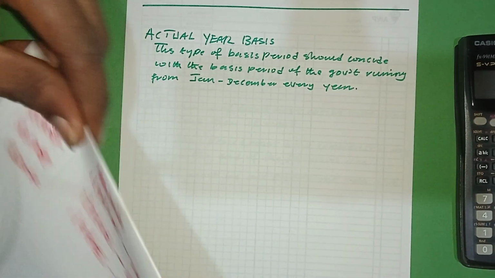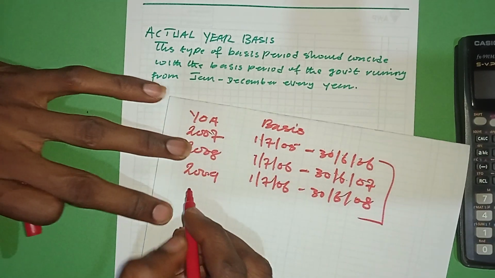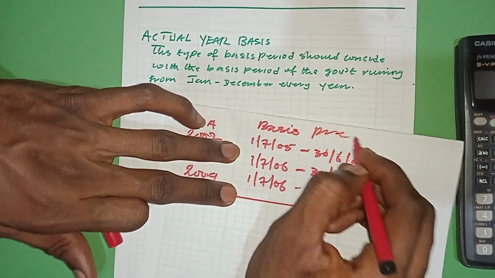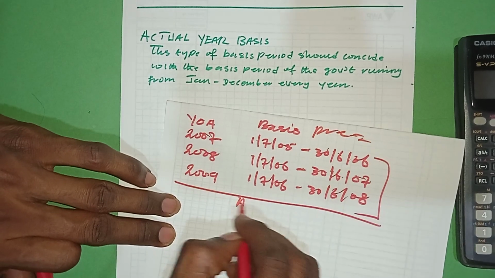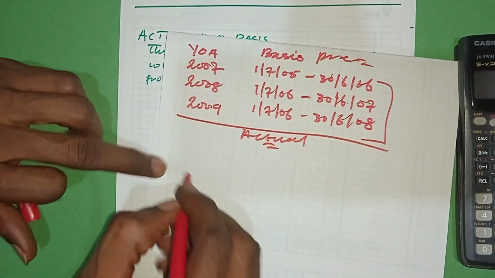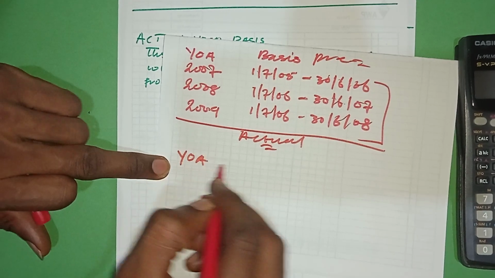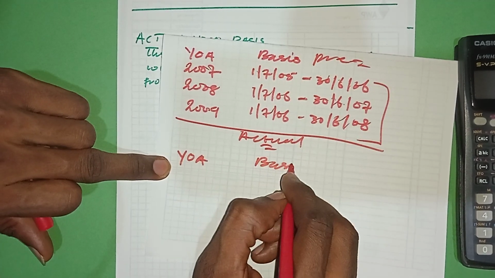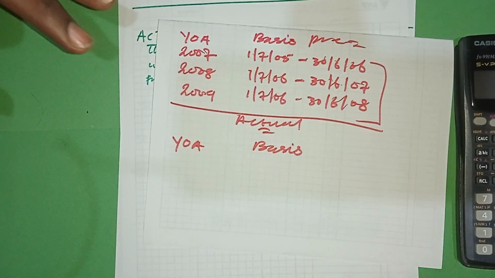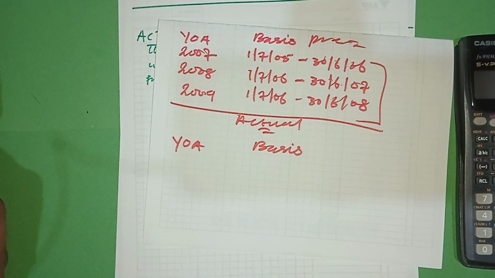Now, this is actual basis. Now, year of assessment, basis period. Let's concentrate on this and forget about the assessable profits.